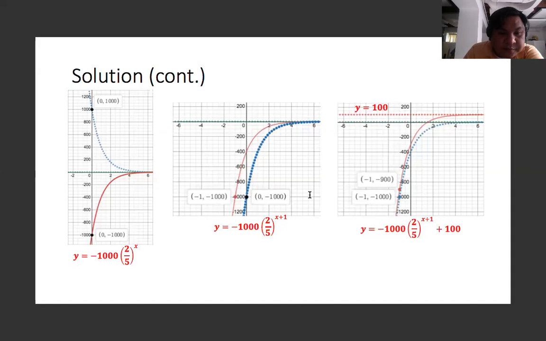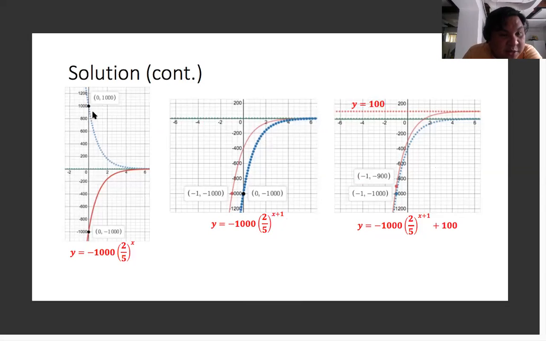Let's look at the particular values. This was the first transformation, the reflection. It starts off with the A being at 0, 1,000. It reflects to 0, negative 1,000. The horizontal translation, because of this part, moves it 1 unit towards the left.